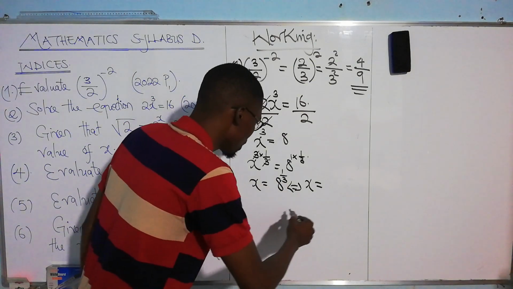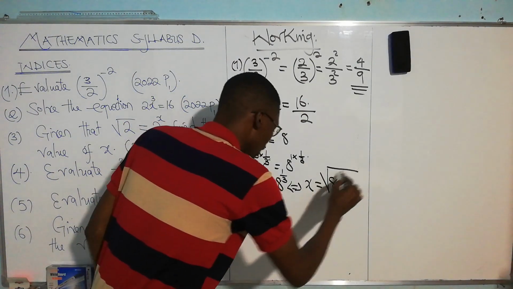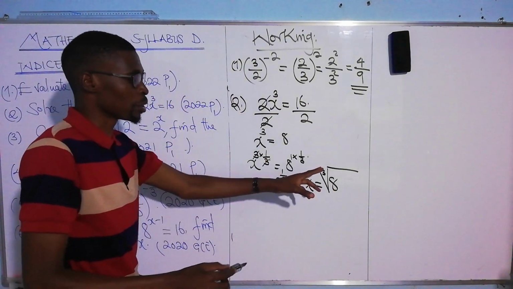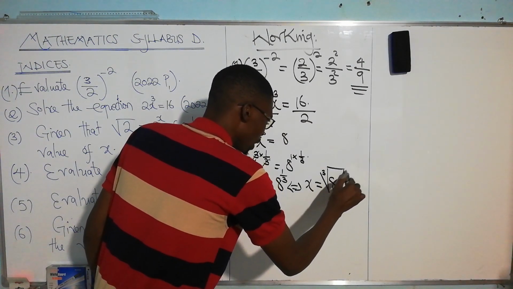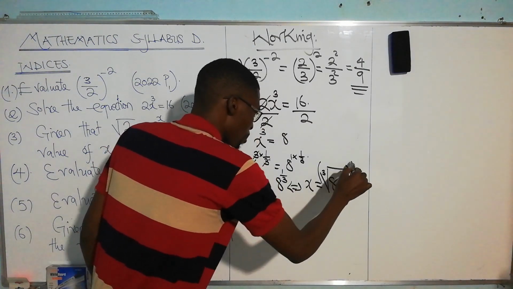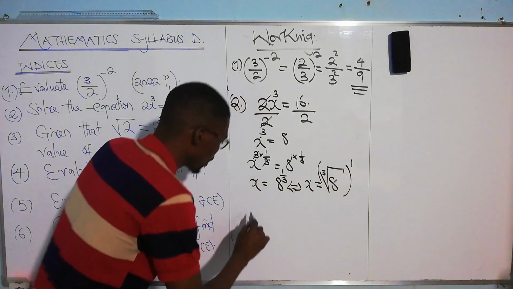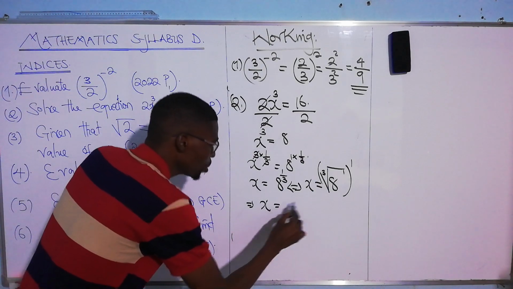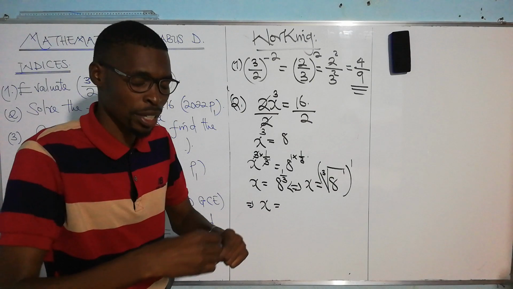So this will mean cube root, because the denominator is a 3, so you put a 3 here to mean cube root of 8, power 1. So that will be cube root of 8 power 1. So it means that x is equal to, what is the cube root of 8? What is the meaning of cube root of 8?